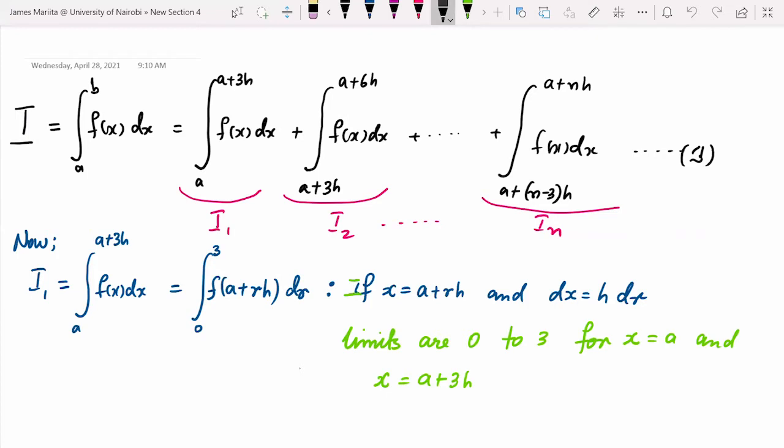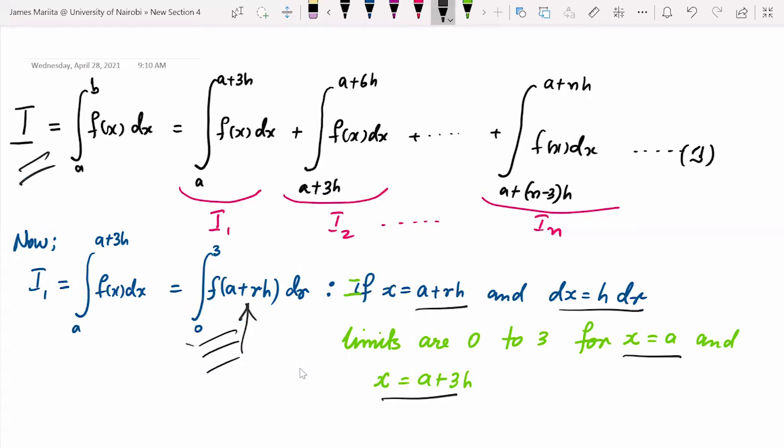So we have the integrals, I1, I2 up to IN. For us to work out IN, the limits will change from 0 to 3 because of these substitutions here. In the next slide, this is what we are going to expand.